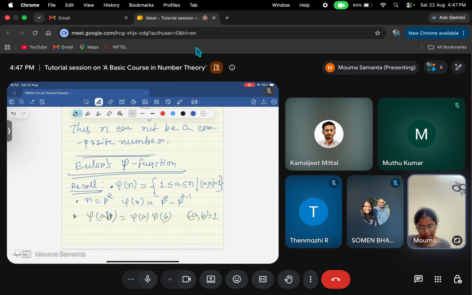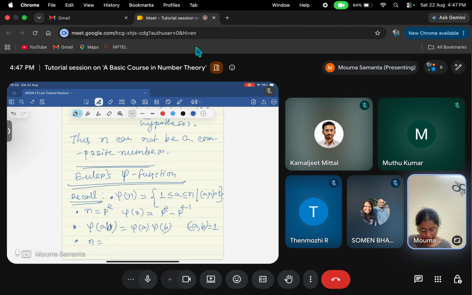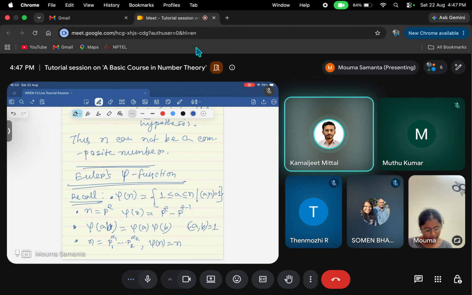And if n has the prime decomposition p1 power alpha 1 up to pk power alpha k, then what will phi n be? That will be n times 1 minus 1 over p1, 1 minus 1 over p2, and so on, up to 1 minus 1 over pk.